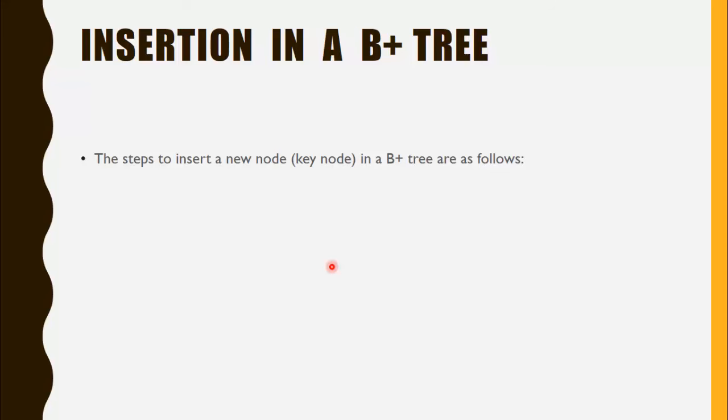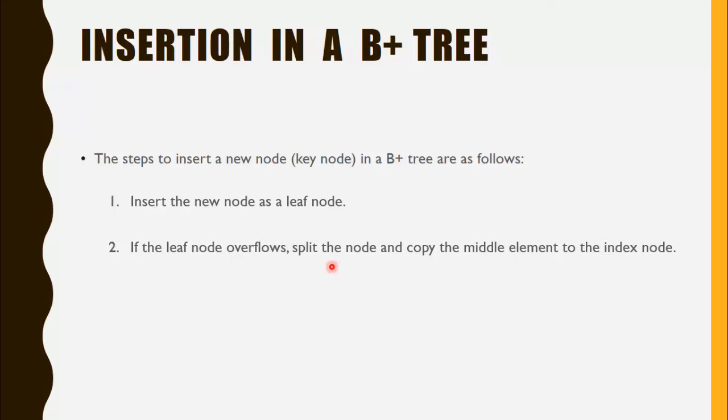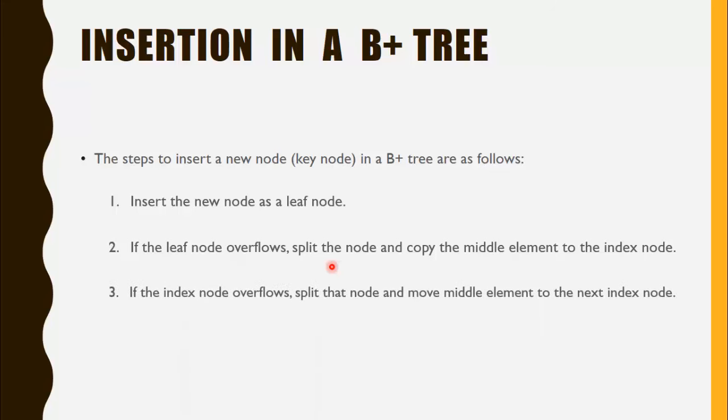The steps to insert a new node in a B plus tree are as follows. Insert the new node as a leaf node. Then if the leaf node overflows, split the node and copy the middle element to the next index node. If the index node overflows, split the node and move the middle element to the next index node.